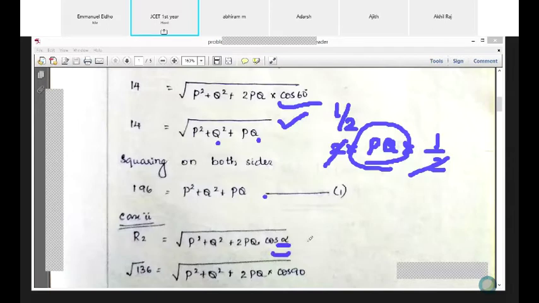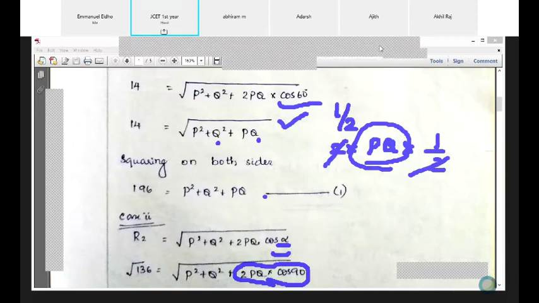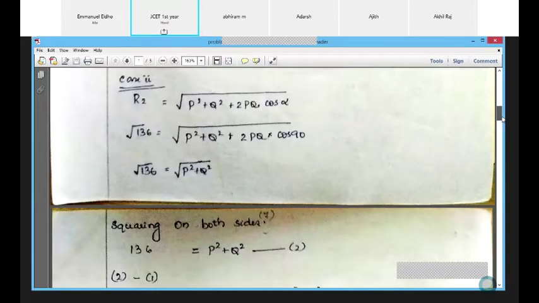Here alpha is 90, and cos 90 is 0. So the last term becomes 0, 2PQ into 0 is 0. Remaining you have square root of 136 is equal to square root of P square plus Q square.